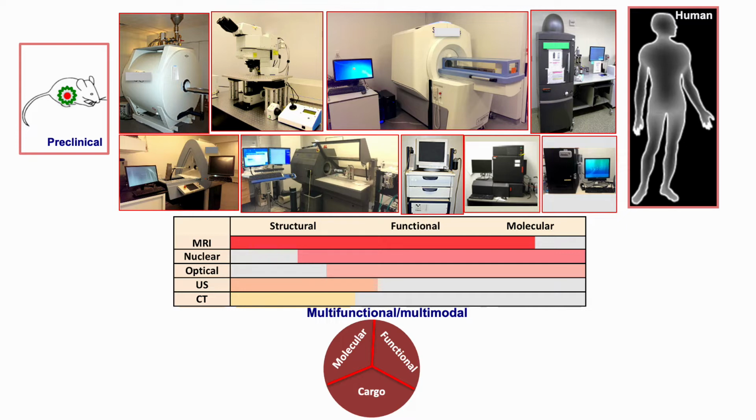So increasingly, the carriers or the nanoparticles being used have a combination of imaging reporters. They are multimodal, multifunctional, and so they have both molecular functional capabilities and carry therapeutic cargo for theranostics.